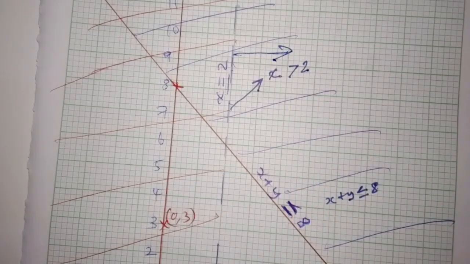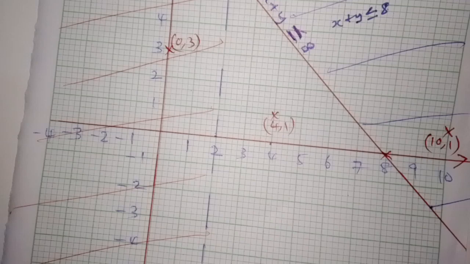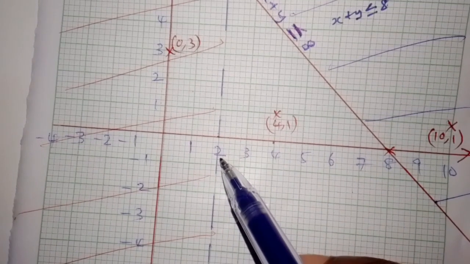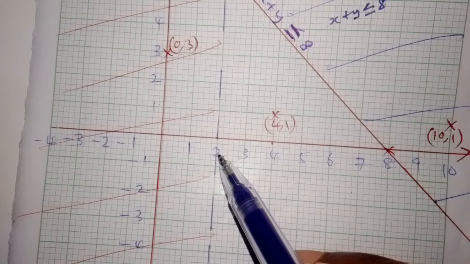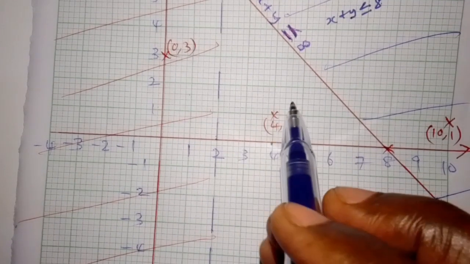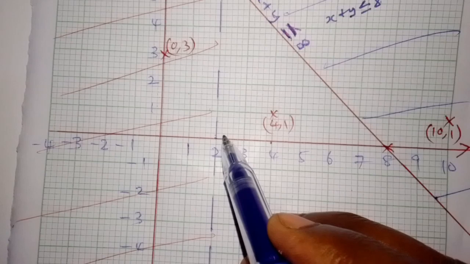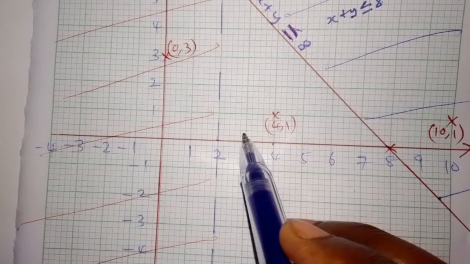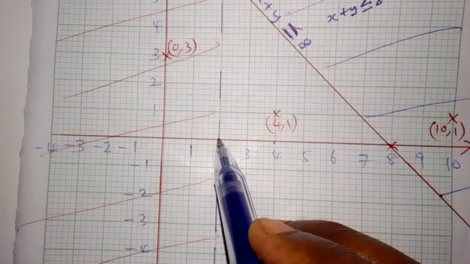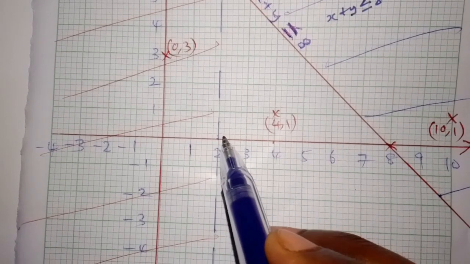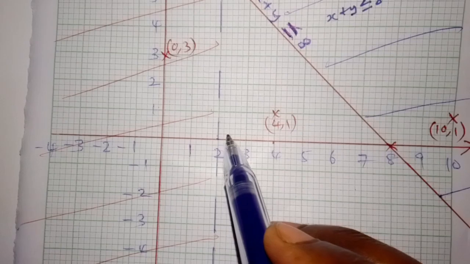At this point x is equal to 2, but x is greater than 2. So any point from here going this side, we count it to be valid. Any point going this other side will not be valid because x is greater than 2.